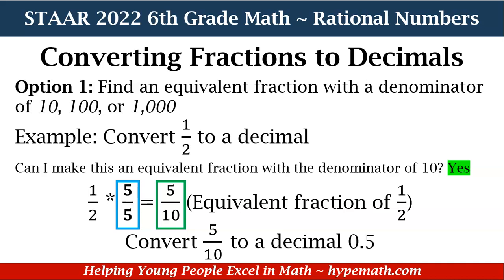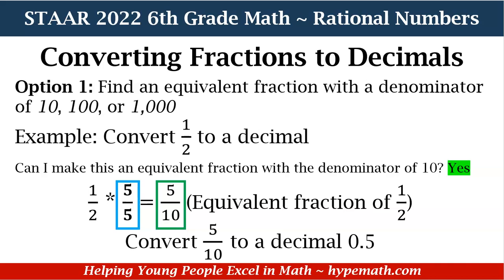And the answer is 5. So we're going to multiply our numerator and denominator by 5. 1 times 5 is equal to 5. 2 times 5 is equal to 10. So 5/10 is the equivalent fraction of 1/2. Now we need to convert 5/10 to a decimal, and that is 0.5.